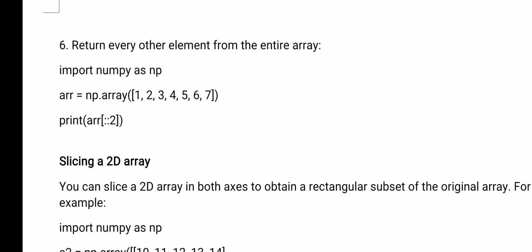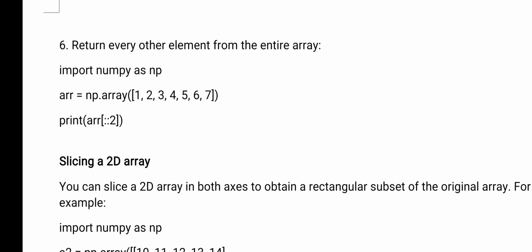Now one more thing. Just now I gave a starting and ending index, and printed alternative elements between that range only. But if you want to print all alternative elements from the given array, that method is also available. You see here I am importing the numpy package, and the name of the array is arr equals np.array. Now how many elements are there? 7 elements. And what am I printing? Print arr, meaning we are printing elements from arr.